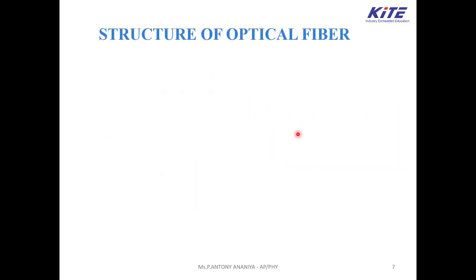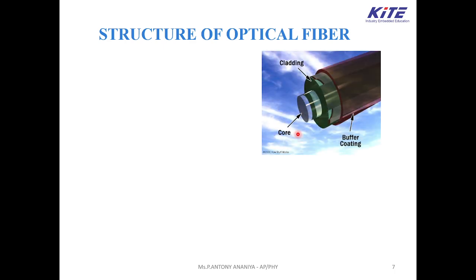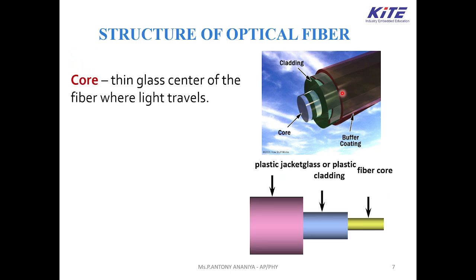Next we discuss the structure of optical fiber. This is the structure of the fiber. The first is the core, the second layer is the cladding, and the third is the coating. What is the core? The core is the thin glass center of the fiber where light travels.